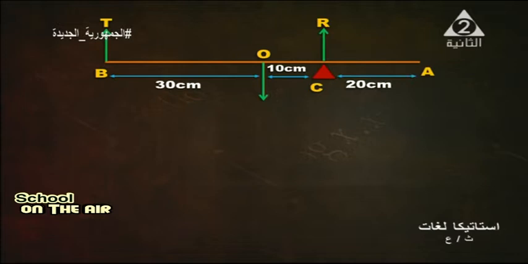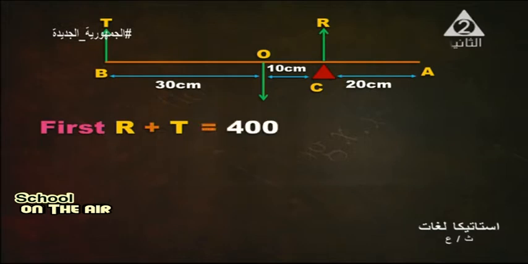Look, my dear student, we have AB is a rod. We have support at point C, there is R, the reaction upward, and we have tension T at point B. My dear student, we know that R plus T equals the weight of the rod, 400. This is the first equation. After that, we find the moment at point C. Moment at C equals 0.